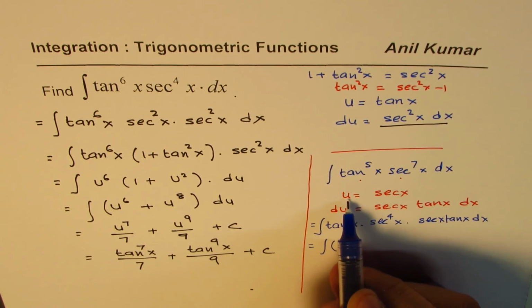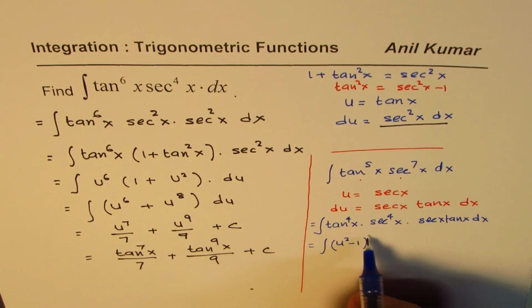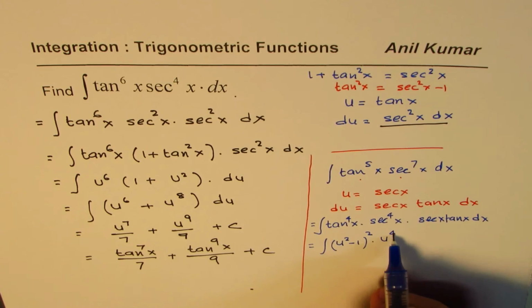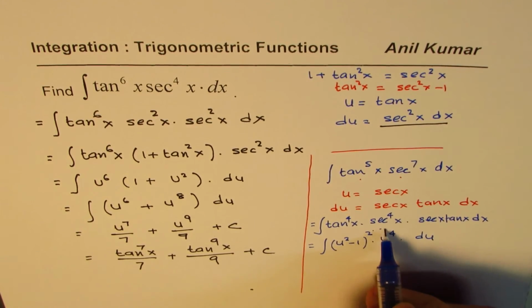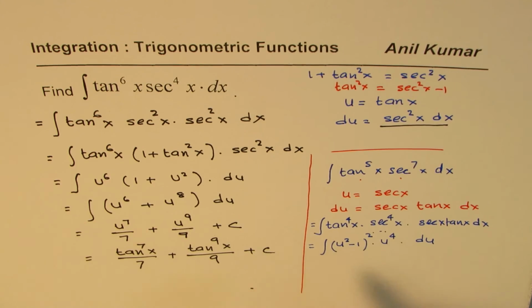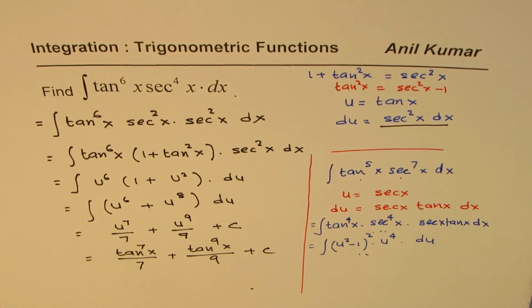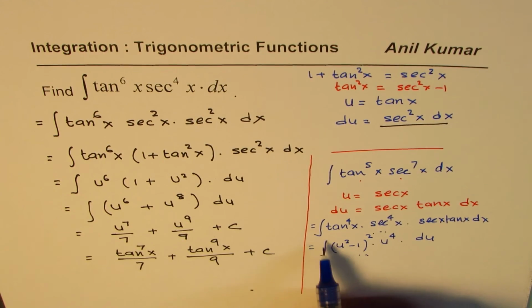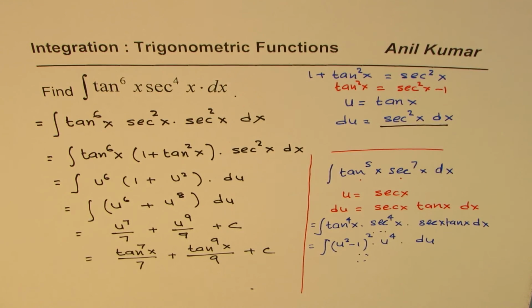Since secant is u for us, we'll write u square minus 1 whole square, and we're replacing this with u to the power of 4, and we replace all this with du, right? I just saved a step here, and I hope you can fill this up. We have another video to provide you with the complete solution. Once you have this kind of a polynomial, then you can easily find the answer, right? So I hope that works for you.